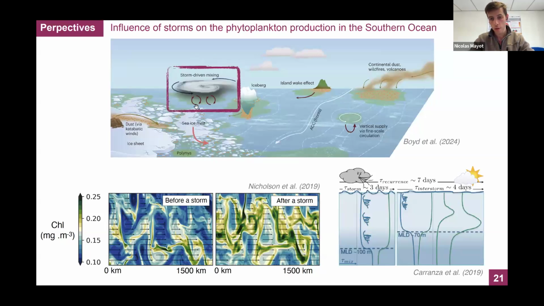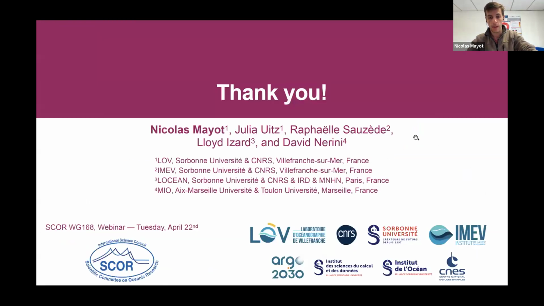It has been shown in the past that storms could have an influence on phytoplankton production, mostly when associated with eddies and meanders, because phytoplankton is able to respond quickly to the mixing induced by the storm. That's why I would like to study this for the next two years. And with that, I will stop, and thank you for listening to me.